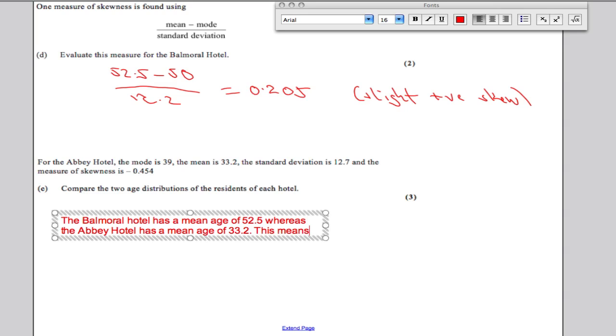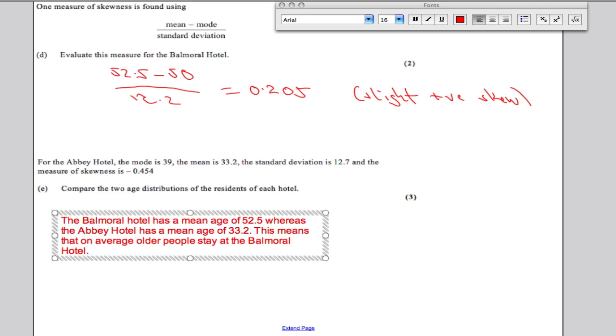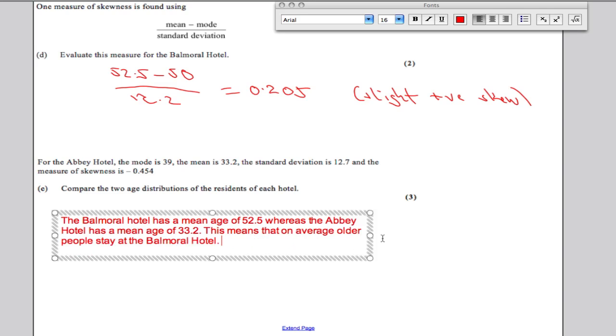This means that on average, older people stay at the Balmoral Hotel. So that's a comment on a measure of centrality.